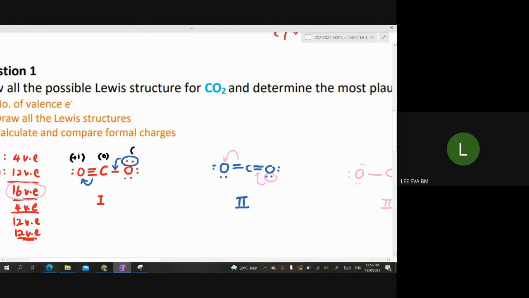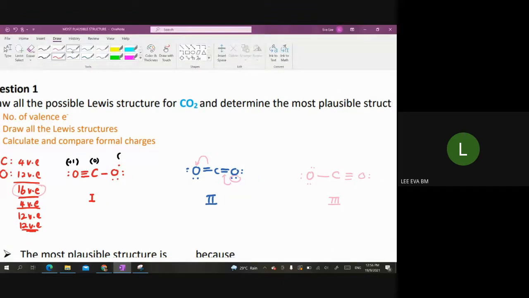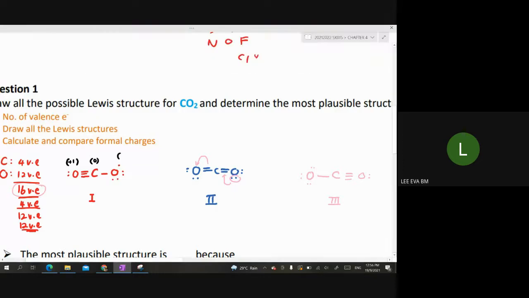So including the dot itself, yang warna biru ini, madam nak tunjukkan macam mana dia form second structure. So kalau nak kira balik formal charge, masih guna lagi structure yang sama. So 6 tolak 6 tolak 1, so dapatlah -1.